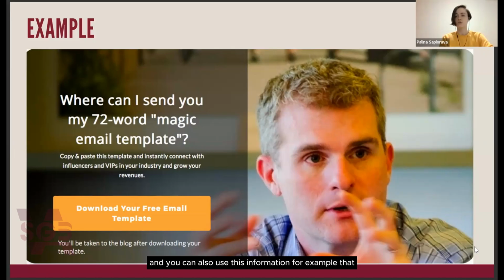And you can also use this information, for example, that people downloaded these templates by leaving their email address, and then you can contact them and ask, probably you need a CRM tool. Would you like to learn more about it? It comes with email templates and the possibility to manage your lead generation processes.